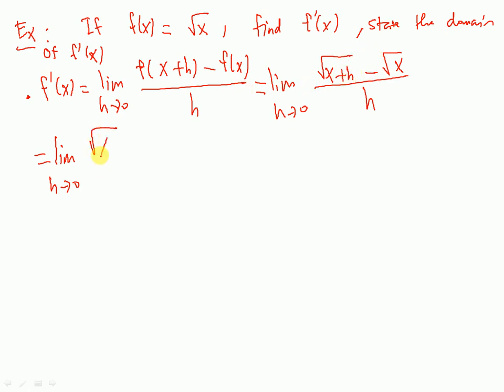So if I have the square root of x plus h minus the square root of x over h, in order to simplify this type of problem when we have two square roots subtracting each other, you have to multiply by its conjugate. The conjugate of the top is the same thing, but the minus sign becomes the plus sign.